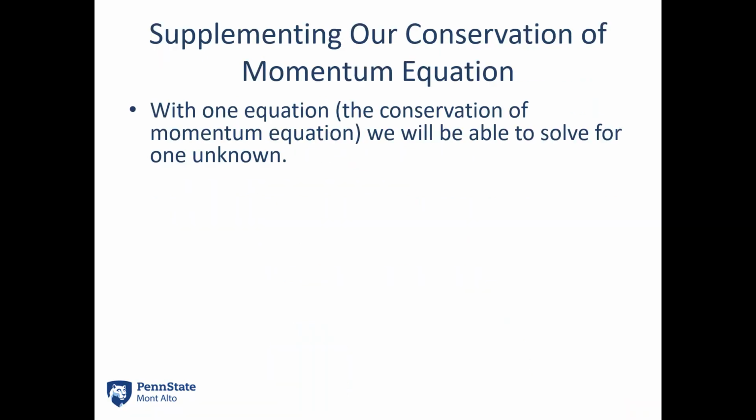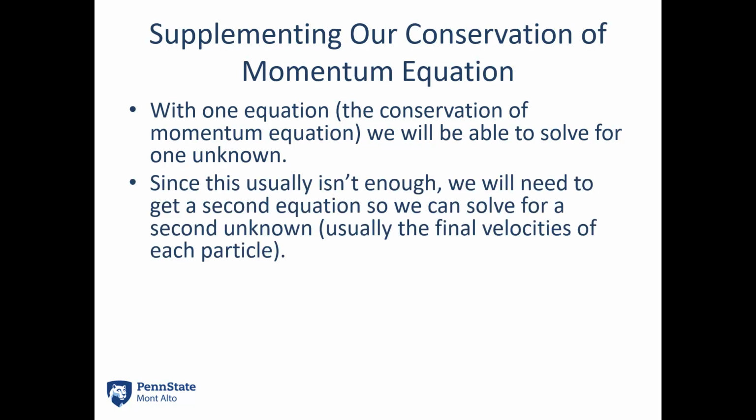All right, so supplementing our conservation of momentum equation, the one conservation of momentum equation that we have, we'll be able to solve for one unknown, but this usually isn't enough. So we're still going to need to get a second equation so we can solve for a second unknown. This is usually the final velocity of each particle.